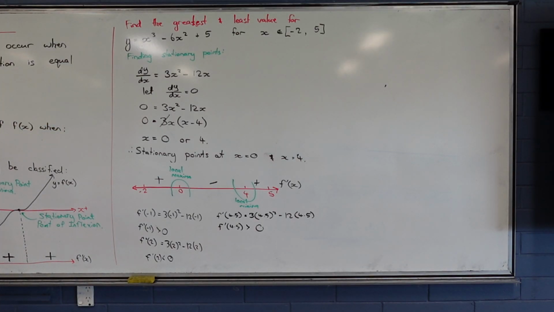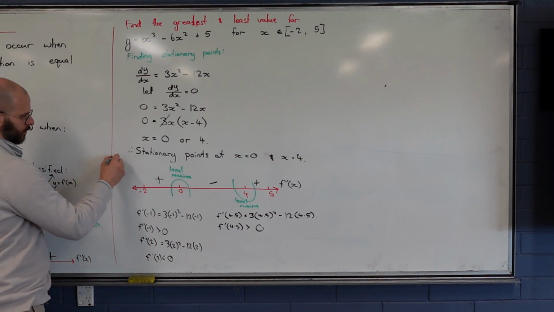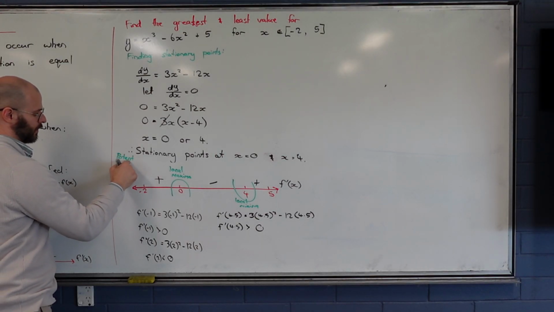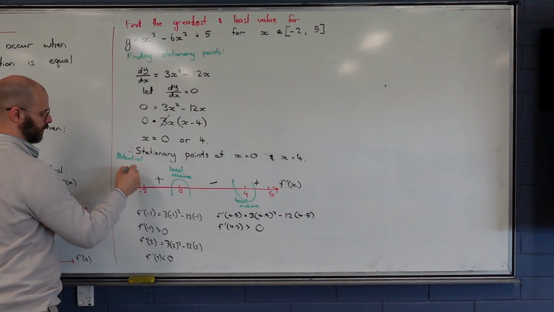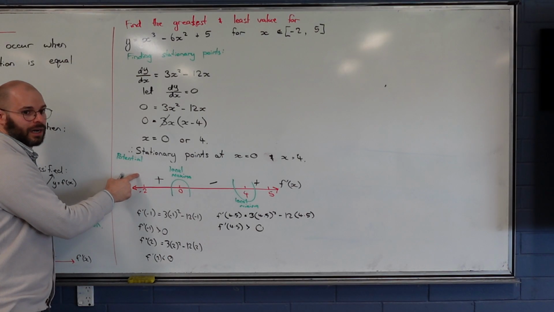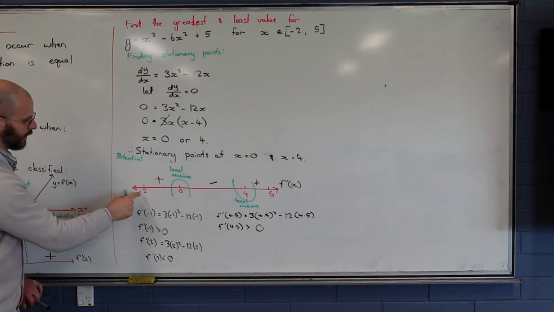Okay, now next part. Extremities of the function. What could potentially be here? I say potential because we haven't checked yet. Potential maxima or potential minima? Minimum, at x equals negative 2.